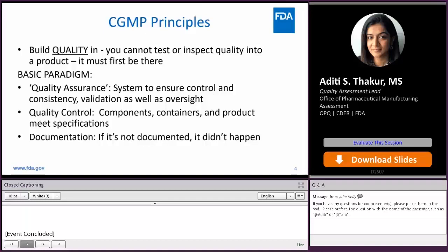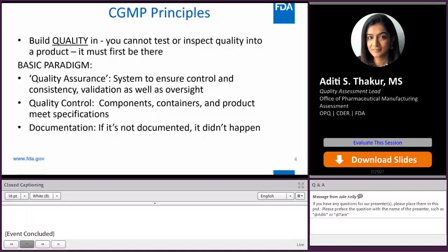The basic paradigms include quality assurance and quality control. These are the systems in place to ensure the control and consistency of the drug product. Documentation is very critical. If any activity is not documented, it probably never happened.